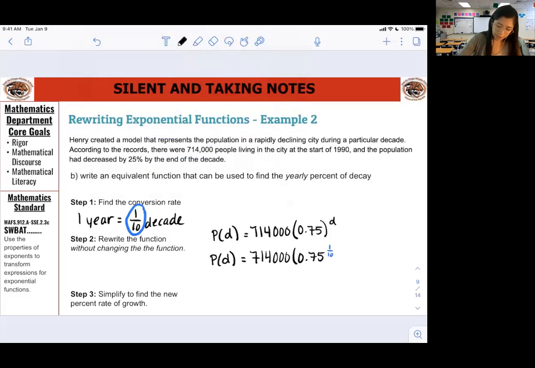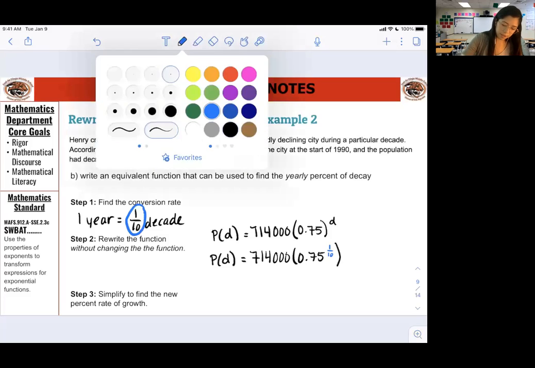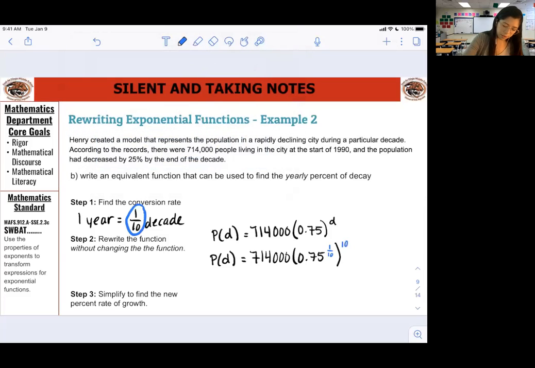That throws me off balance, so now I have to place a 10 on the outside with the D. Because again, I'm momentarily throwing it off balance and then quickly correcting it to bring it back into balance. And then the last thing is to simplify by calculating 0.75 to the power of 1 over 10. So I'm going to give you guys a moment to just write everything down, and then I'll switch over to the calculator so you can see how to do that.